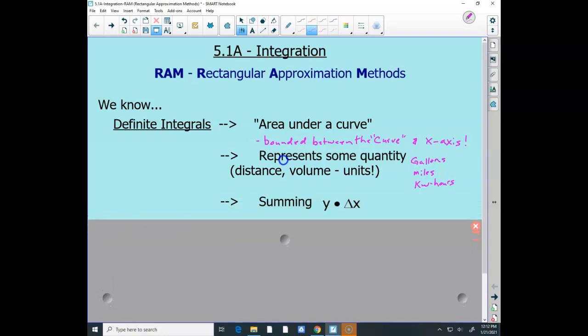And what we did is we found this by summing basically y times delta x every time we did this. Even when we found the area of our square, we took the base of the square, which represented our x, times the y, which was the height of our square, and we multiplied those, and then we summed all of those squares together.